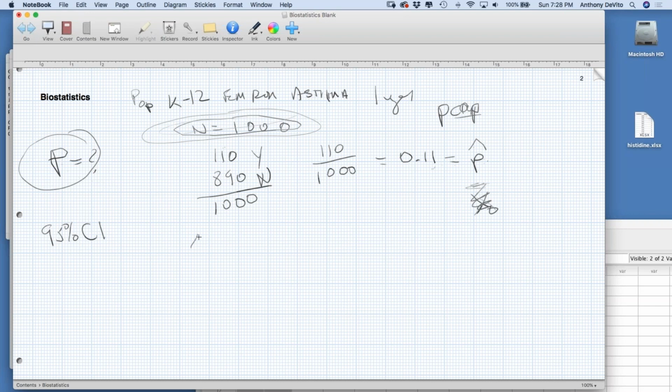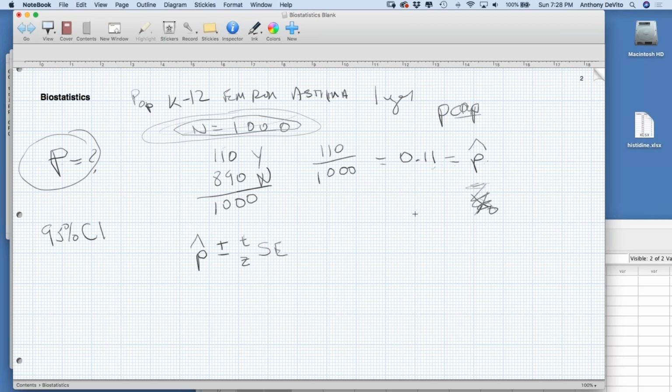Again, it's going to be P cap plus or minus some value like a T score or a Z score, either a T value based on a sample or a Z score based on knowing the variability, and the confidence level that we want, times the standard error.